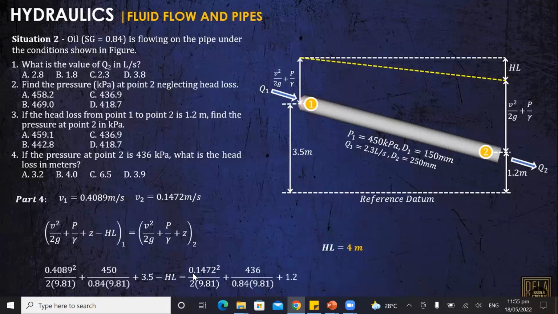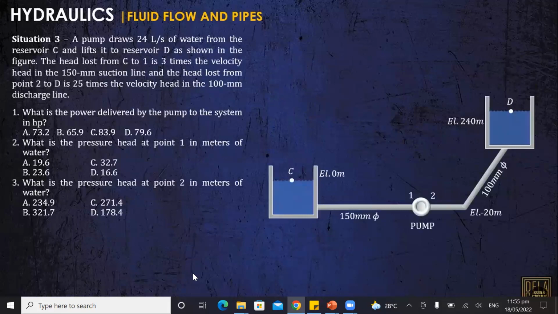Okay? So, let's have our last problem in this part 1. Dito, may pump na tayo in between 2 reservoirs given. A pump draws 24 liters per second of water from reservoir C and lifts it to reservoir D as shown in the figure.